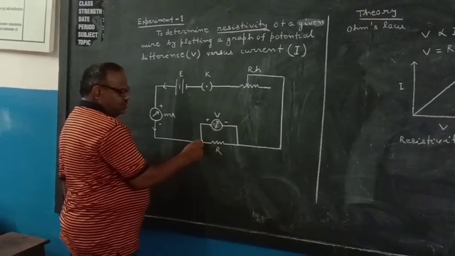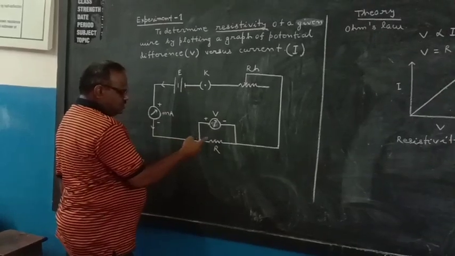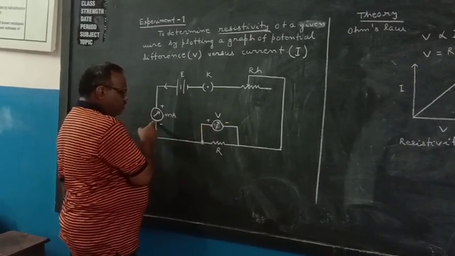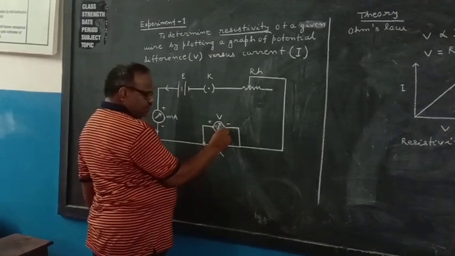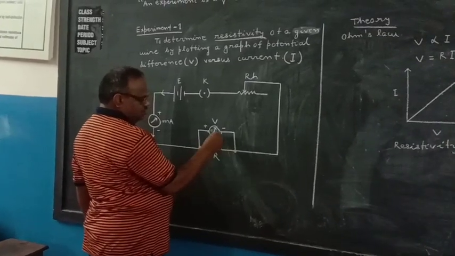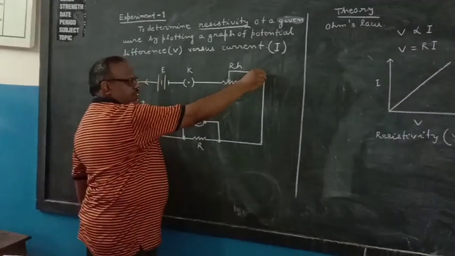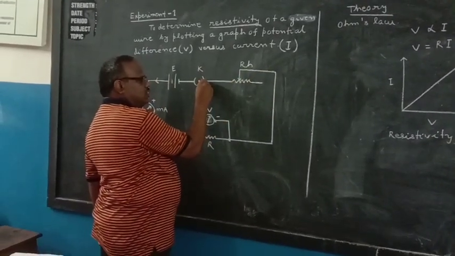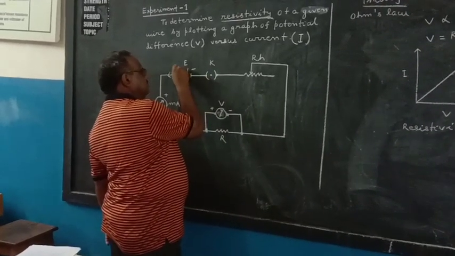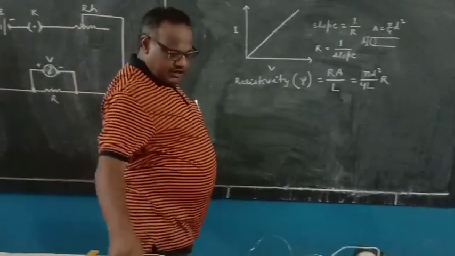At this point, the positive of the voltmeter is connected, and the negative of the voltmeter at the other end of the coil. The other end of the wire is connected to one end of the rheostat, and the other end of the rheostat is connected to the key, and the other end of the key is connected to the negative terminal of the cell. So let us see how I am connecting here.